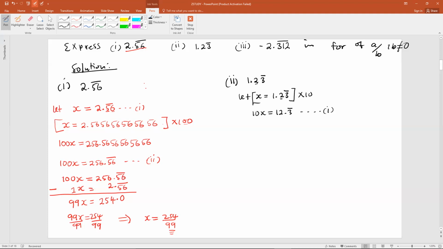The reason why we didn't call the first one equation 1 is because there was a number just right before the repeating decimals. So you multiply by 10 because there is only one number. If it was like this, 1.253 bar, we would have multiplied by 100 so that we move the point two places, because of two digits. Now, because there was just one number, that's why we multiplied by 10.